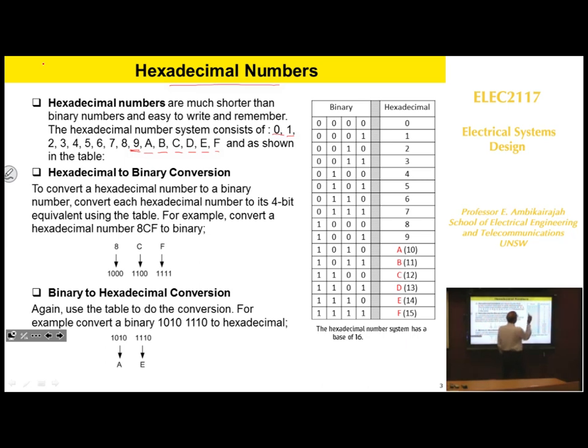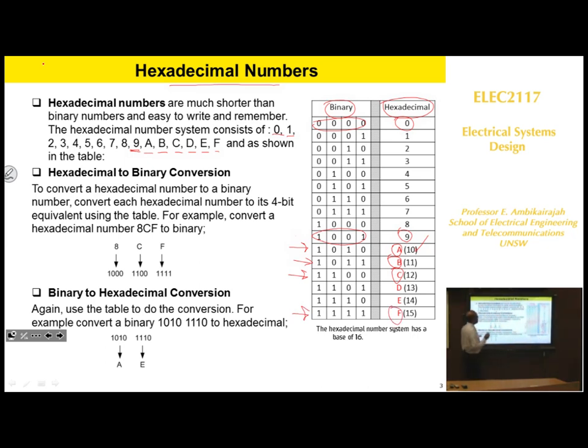If you look at binary to hexadecimal in this table, 0 is 0, same as its decimal. Up to 9, what we had before will be there. Then 10 decimal is represented by A, in bracket I put the decimal equivalent. 11 is B, and 12 is C, and so on, and 15 is F.